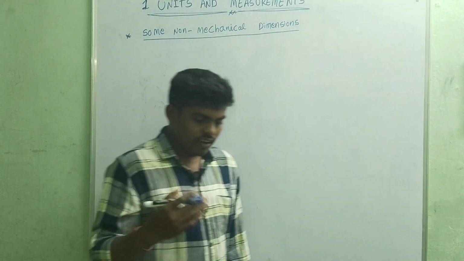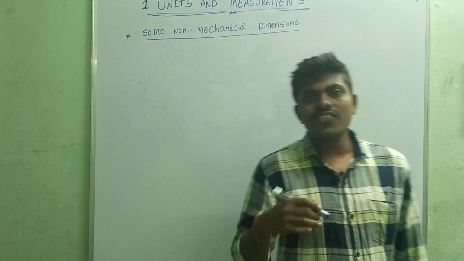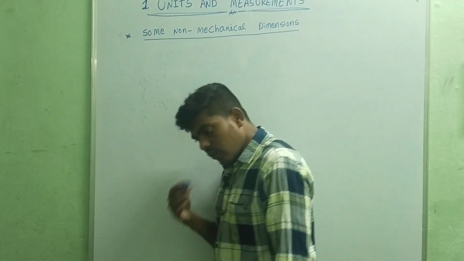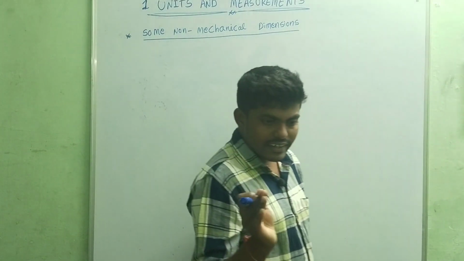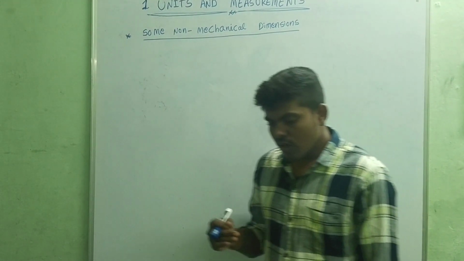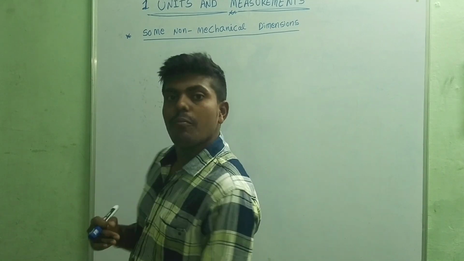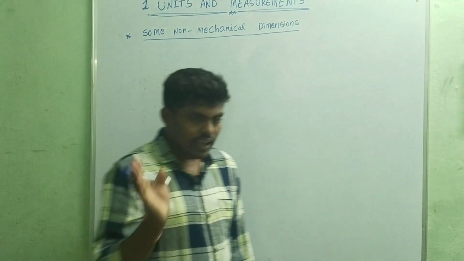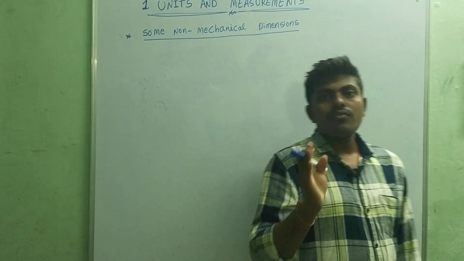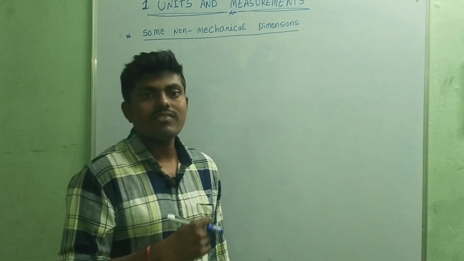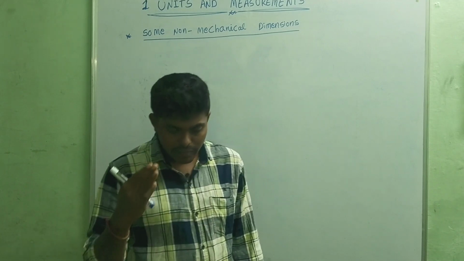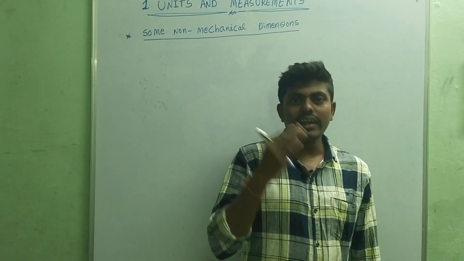So in this class we want to solve the dimensions of magnetism, and also discuss the dimensions of physical quantities in optics. Okay, now we will discuss the dimensions of magnetism.